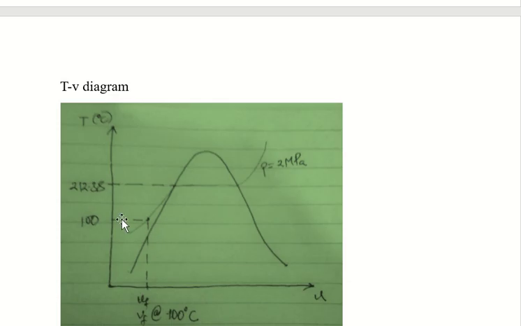So this is what you would have if you were asked to draw a PV diagram. 100 degrees Celsius, and it lies within the compressed liquid. But you should know that these values we got here, we got them from a saturation table. But we know at this pressure, water will only get saturated if we reach this temperature.